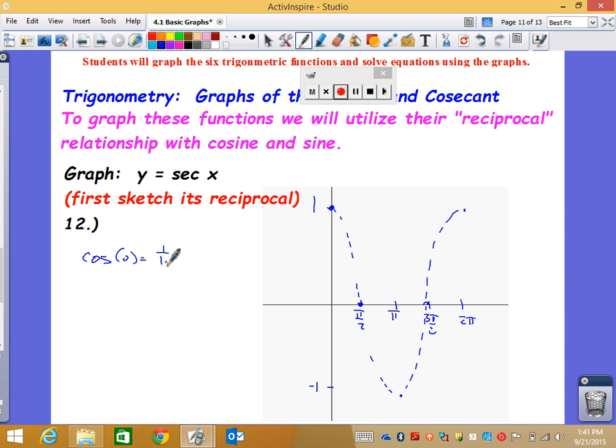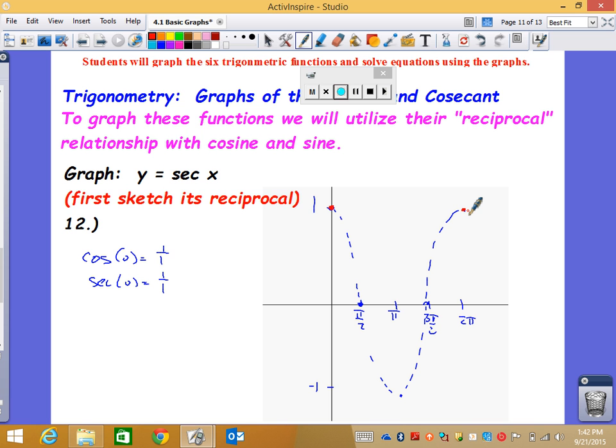So if we reciprocate this, taking the secant of 0, we flip the right-hand side, I still have 1 over 1. So secant and cosine both share this point of 1. And you'll notice the exact same thing for 2 pi. They both share that point of 1. Because we flip both sides, the cosine of 2 pi is 1. The secant of 2 pi is also 1. Because we flip 1 over 1, we get 1.